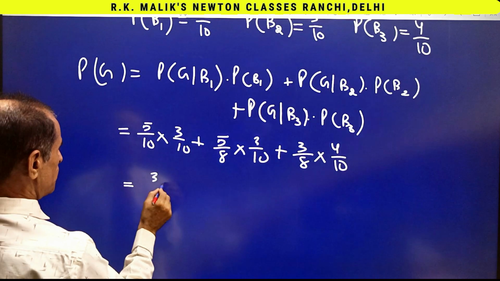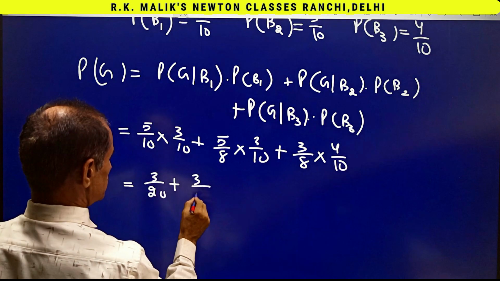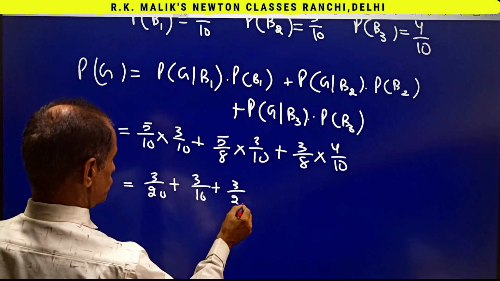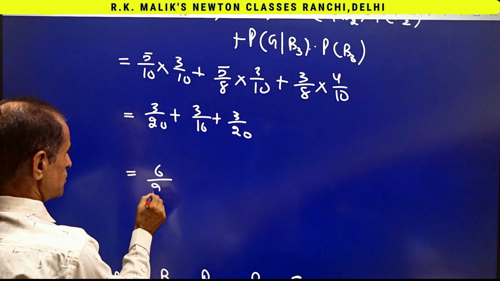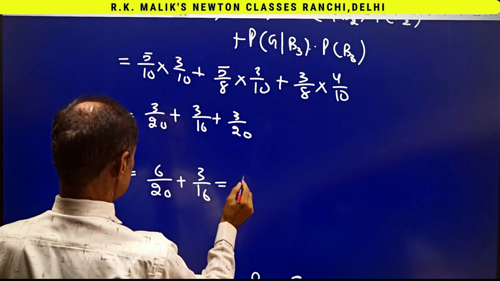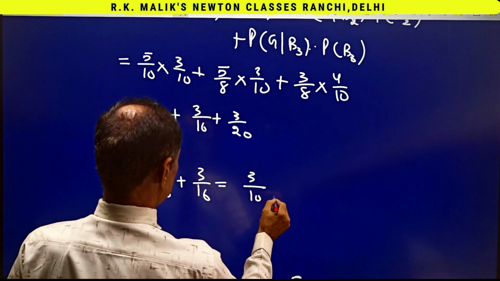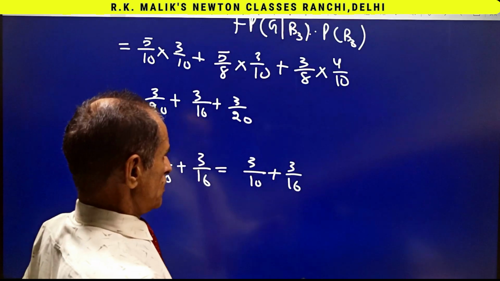This is 3 by 20 plus 3 by 16 plus 3 by 20. This is equal to 6 by 20 plus 3 by 16, that is 3 by 10 plus 3 by 16.